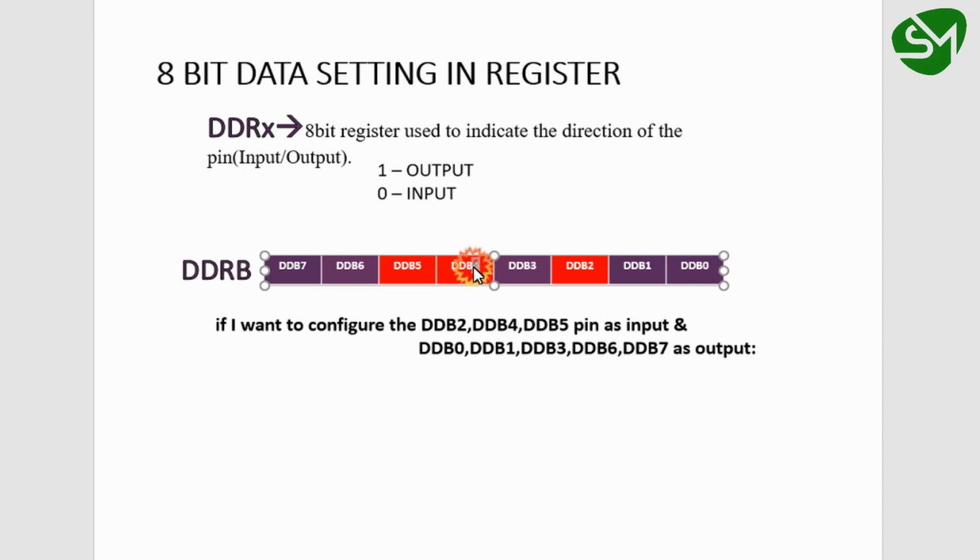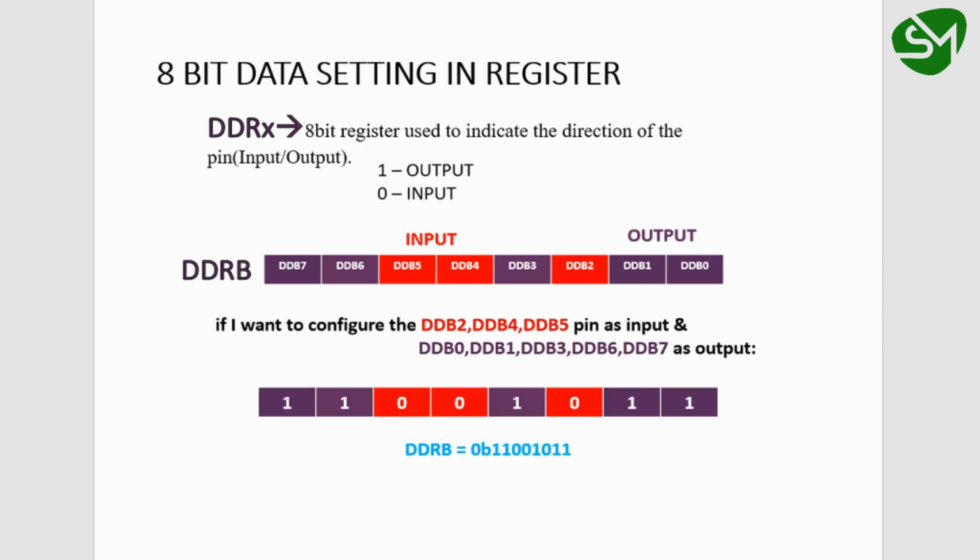So I just want to set these 3 values, that is the 2nd bit, 4th bit and 5th bit, as 0, and all the other bits 7, 6, 3, 1, 0 must be set as 1. As we know, 1 is for output and 0 is for input. So I can write the binary data 0B11001011. So these zeros will set the corresponding pin as input and ones will set the corresponding pin as output.